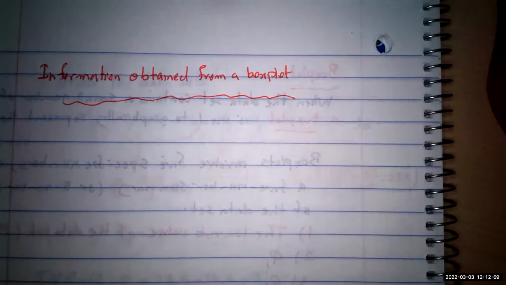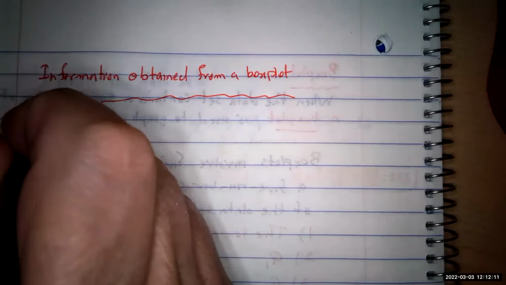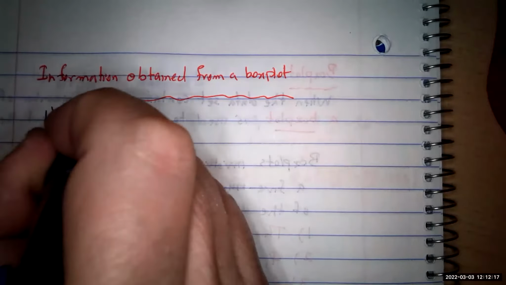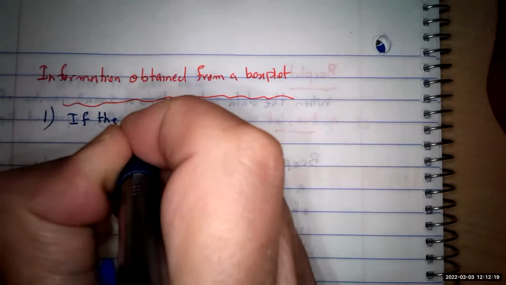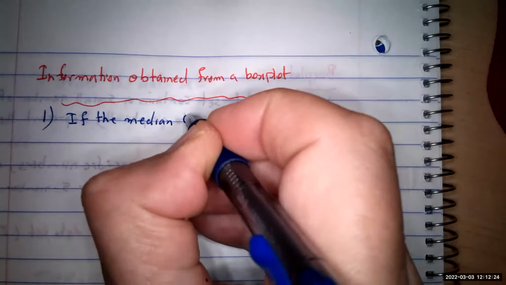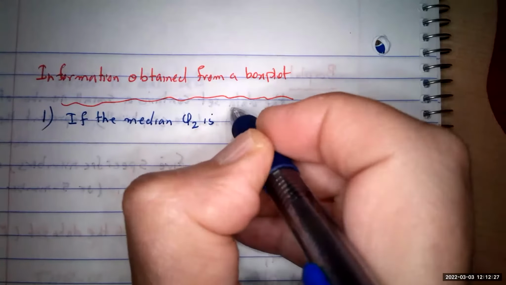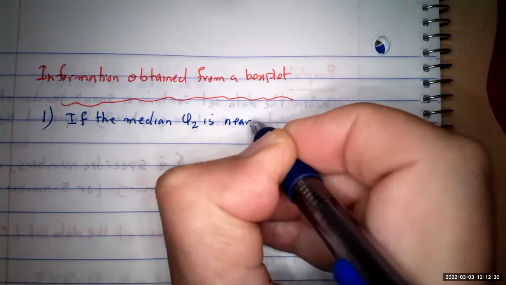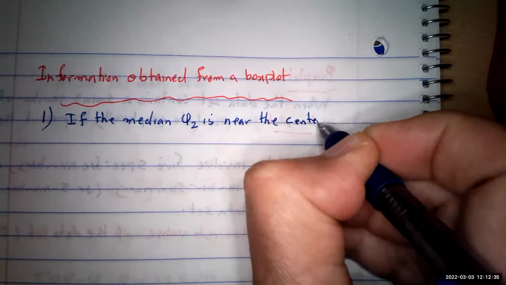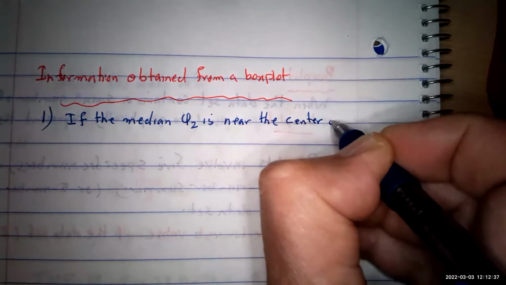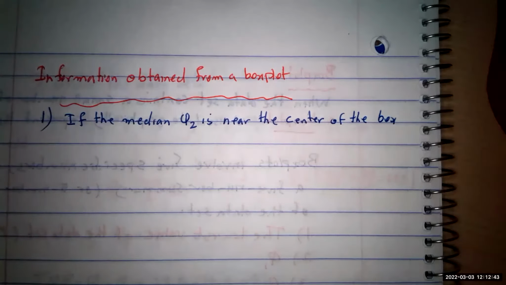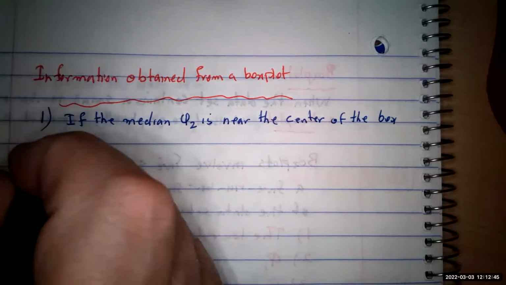Okay, there are 3 cases. Case 1. We compare the center, the median of your data, median Q2, and if it is near the center of the box, meaning the natural median, the center of the box, then we say the distribution is symmetric.